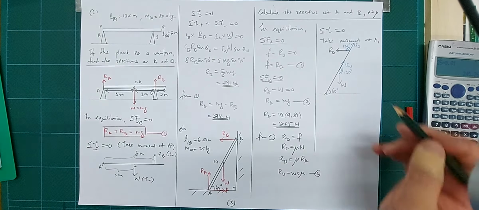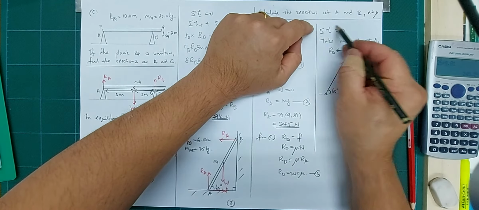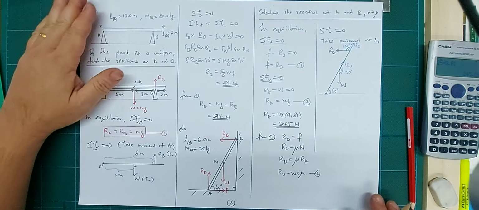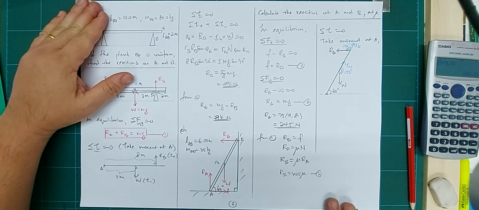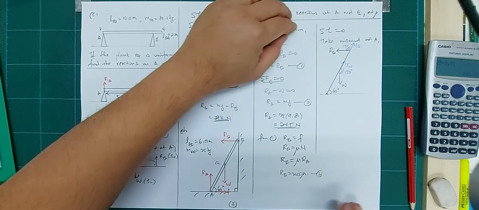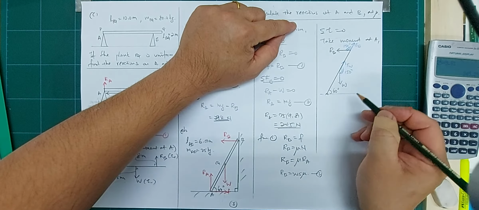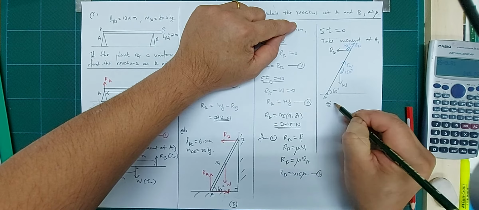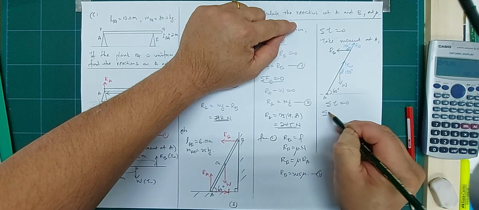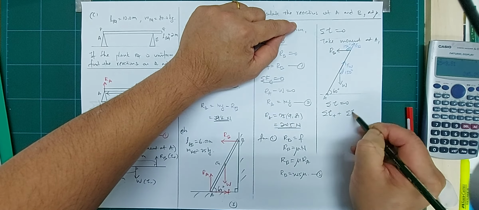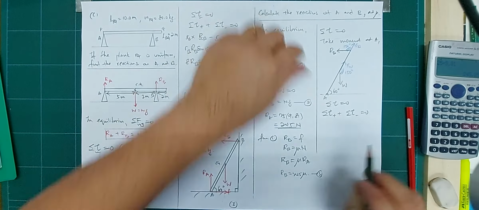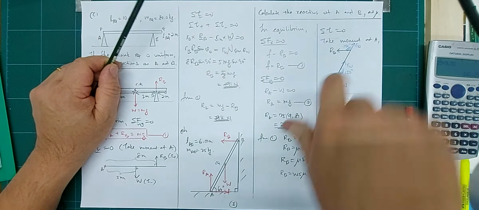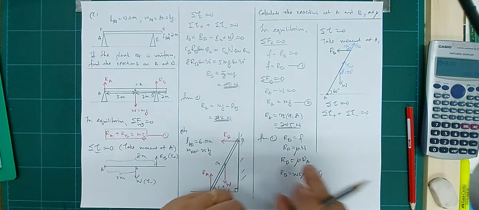Now, in equilibrium again, the total torque must equal 0. And then we use point A. The total positive torque and the total negative torque must equal 0. Now, RB is going to have positive torque, W negative torque. Start from here first.